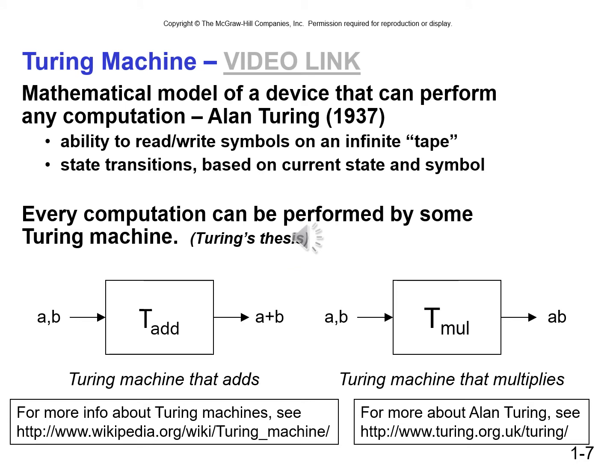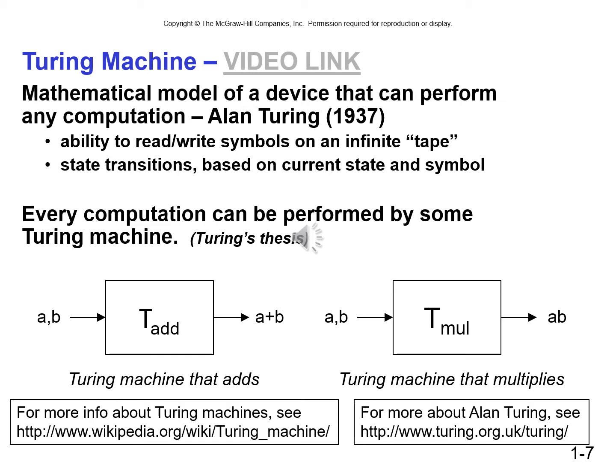If you haven't watched the 2014 movie called The Imitation Game, you absolutely positively have to as a computer science major. It's about Alan Turing and his role in decoding. Well, I'm not going to give up the story. Alan Turing wrote a mathematical model of a device that can perform any computation, and he wrote that in 1937, and it's been coined as the Turing machine.